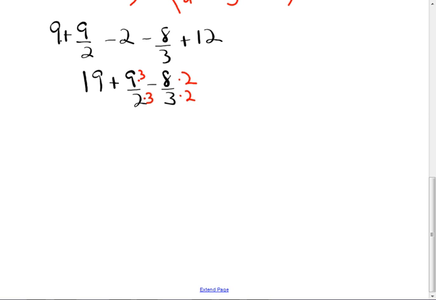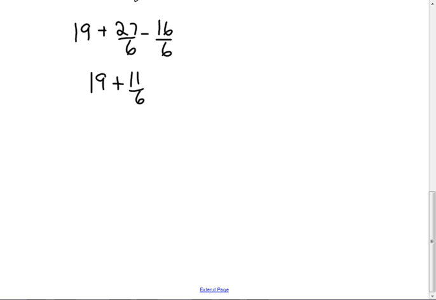So I'm going to get 19 plus 27/6 minus 16/6. 19 plus, what is that? 11/6, which is easier to do as a mixed number. It's almost 2, it's 1 and 5/6, right? Which is 20 and 5/6. That's 125/6.